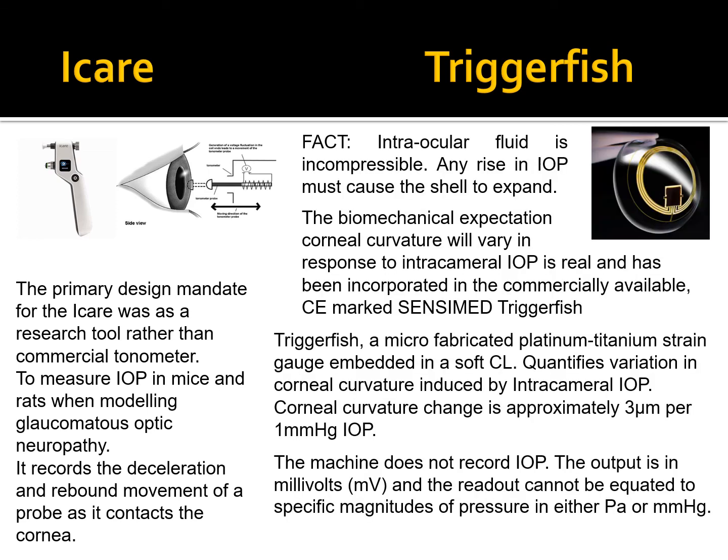Then there's this thing that we've already said about triggerfish, and it's based on another biomechanical concept, nothing like GAT. Intraocular fluid, you've got to appreciate, is incompressible. So any rise in IOP has to cause the shell to expand. The biomechanical expectation that corneal curvature will vary in response to intracameral IOP is real and has been incorporated into this.